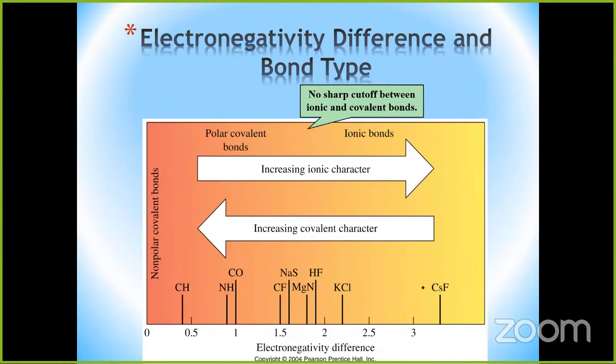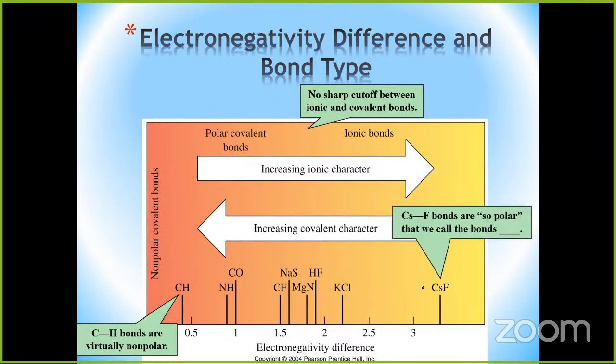This is a chart which gives you different types of bonds, and it indicates the differences in the electronegativity values and whether or not they fall into the three categories I mentioned. For example, the carbon to hydrogen bond is nonpolar for most intents and purposes, because the difference between their values is very small.